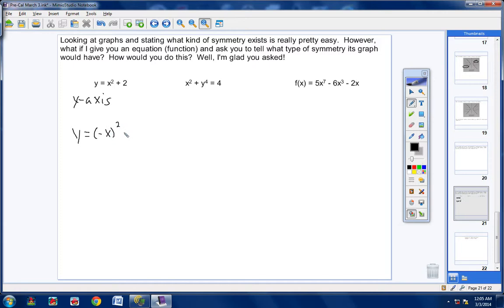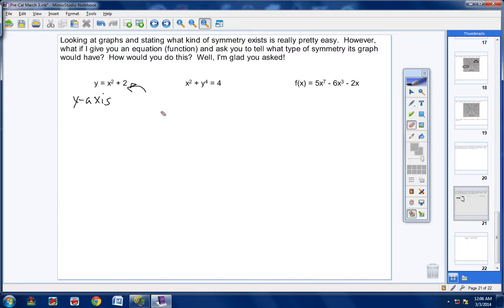You're going to see this one works. When you square a negative x, negative x times negative x gives you a positive x squared plus 2. So I put a negative x in, and after I simplified, I did get what I started with. And so we do have y-axis symmetry.